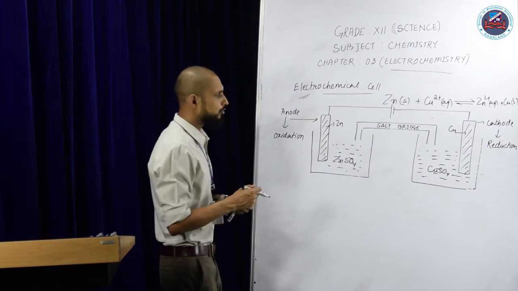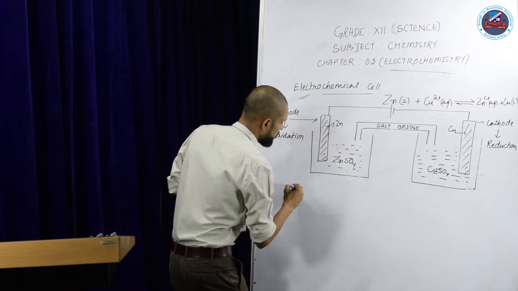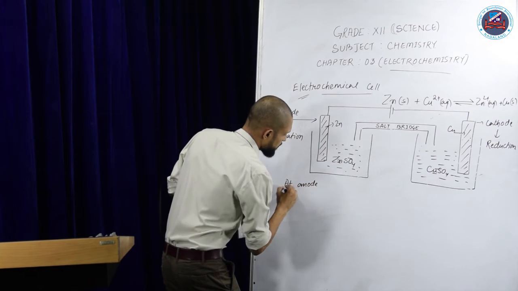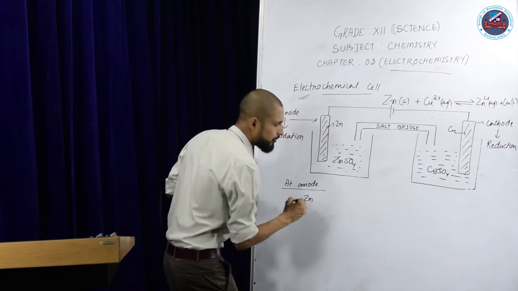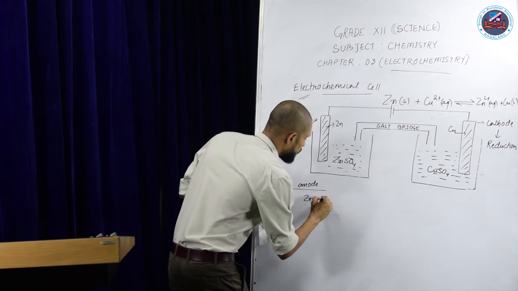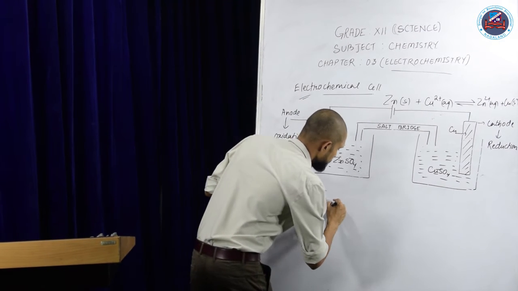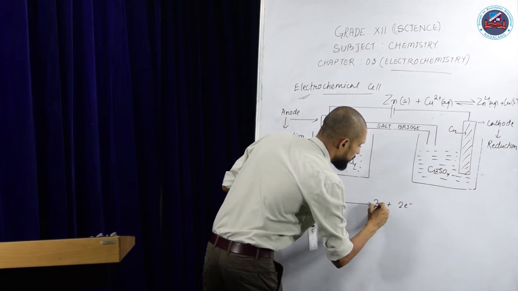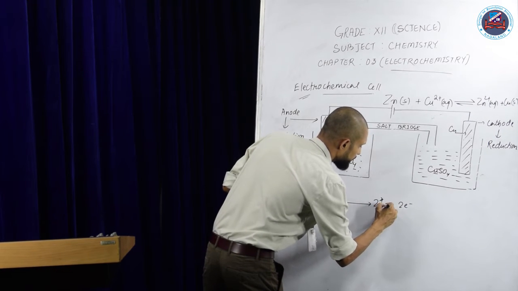So when the reaction starts at anode, zinc will undergo oxidation. That means zinc solid will release two electrons and will form a zinc ion.